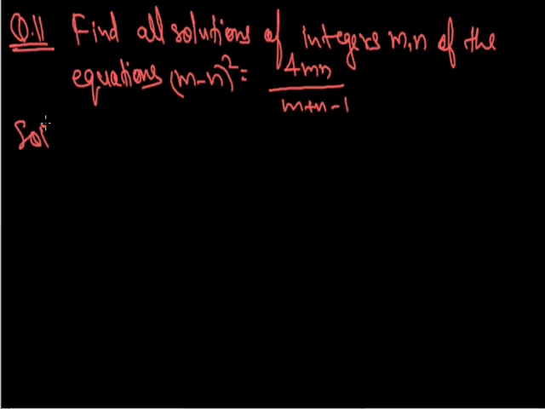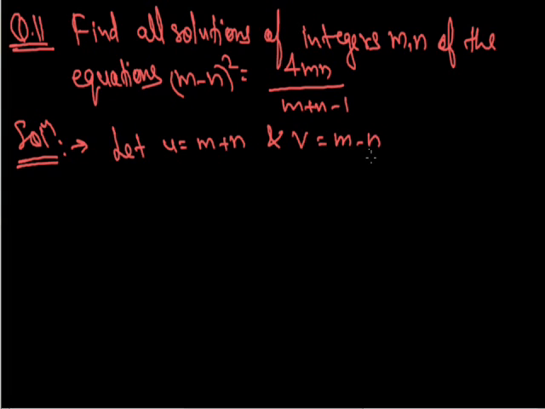To solve it, let u is equal to m plus n and v is equal to m minus n. By substituting the appropriate values, we have v square is equal to (u square minus v square) upon (u minus 1).